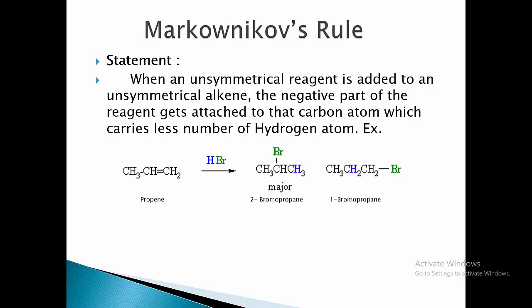That is, the percentage of 2-bromopropane is higher than the percentage of 1-bromopropane. The major product 2-bromopropane is obtained according to Markovnikov's rule, which states that the negative part of the reagent goes to that carbon atom which has fewer hydrogen atoms.